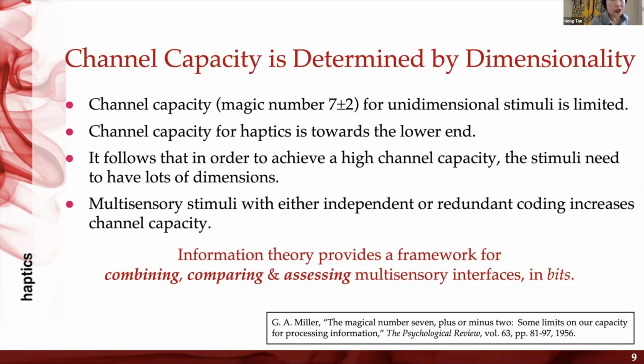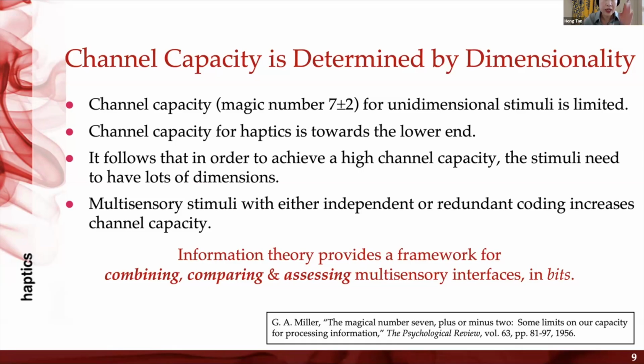So it follows that in order to achieve a high channel capacity, the stimuli need to have lots of dimensions. Going back to Tadoma, a talking face varies in mouth opening, cheek tension, airflow, laryngeal vibration.